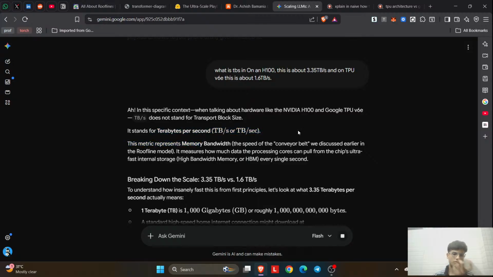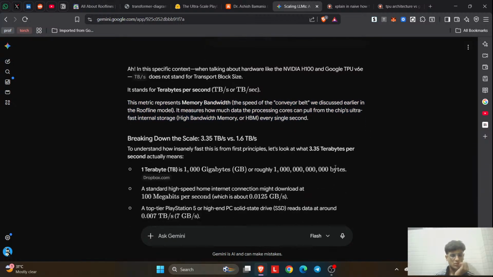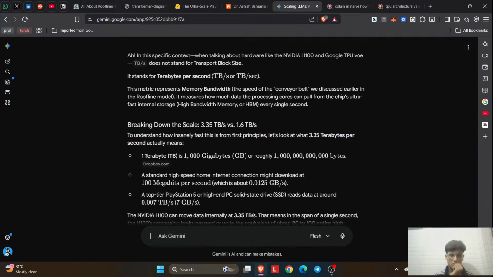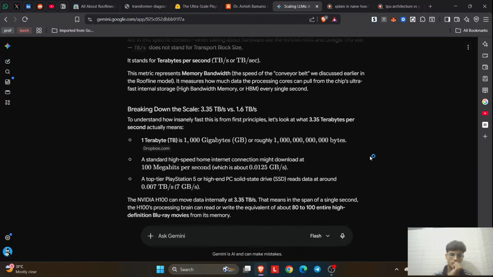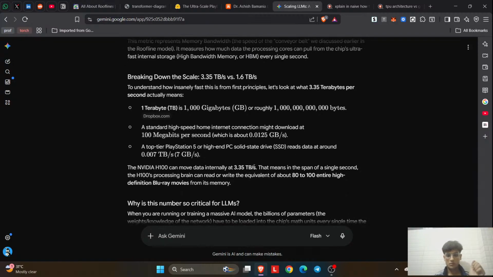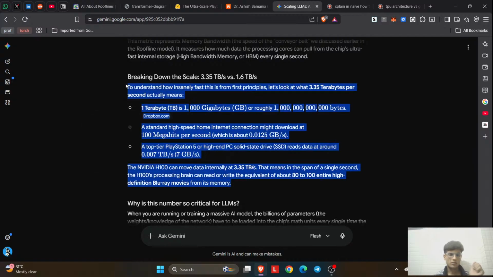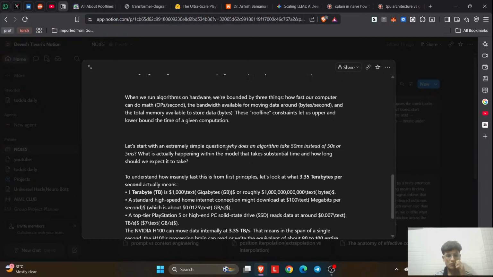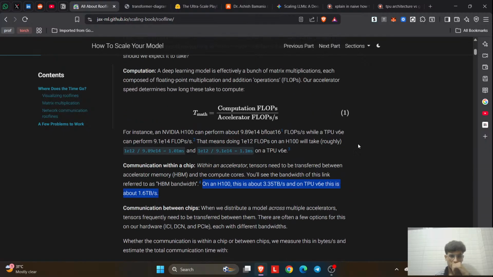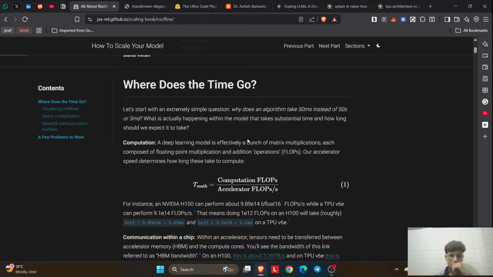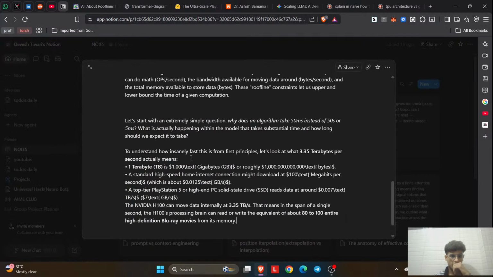Terabyte per second. Okay. This is a nice breaking.